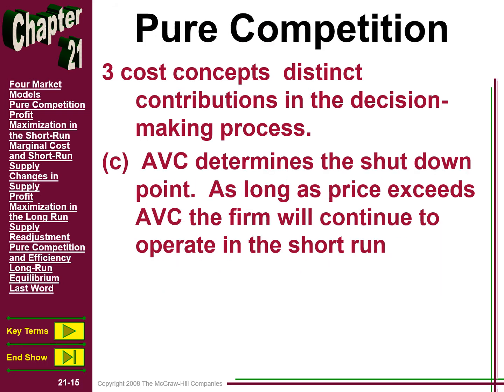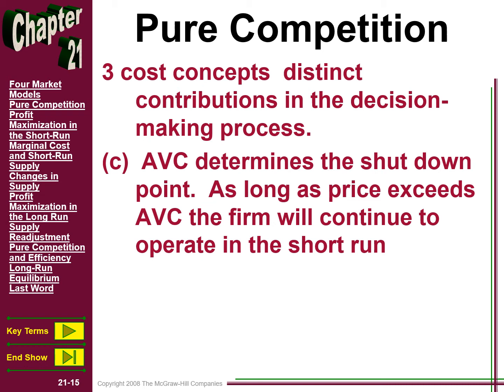All right, the last cost concept, which is also important, is the relationship between price and average variable cost. So again, this is an important idea because when we relate price to average variable cost at the profit maximizing or loss minimizing level of output, it will immediately help us identify and answer the question, should the firm produce in the short run?